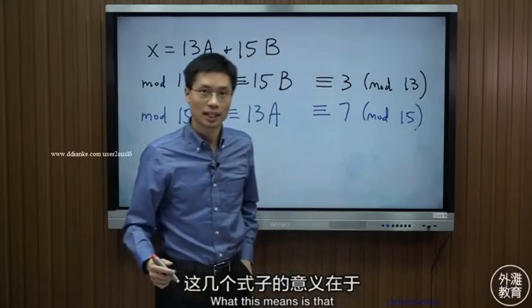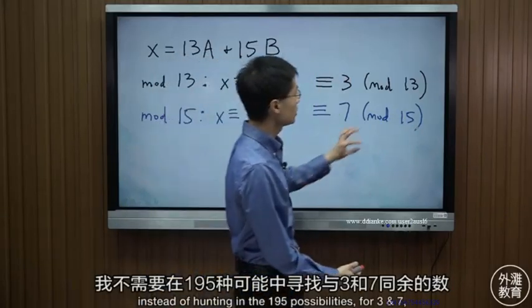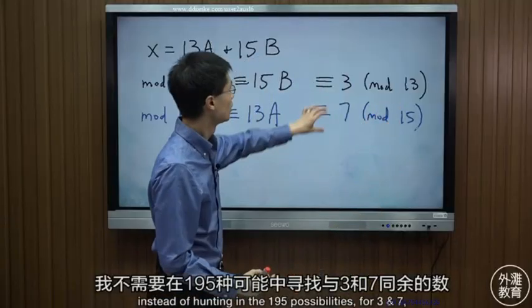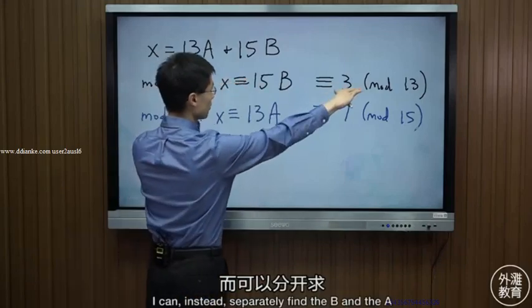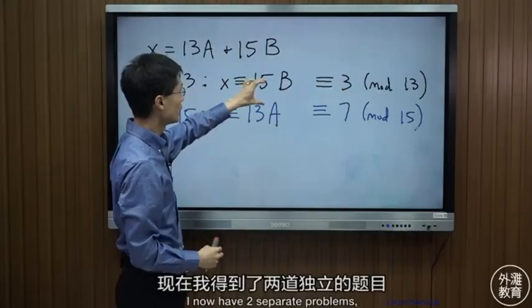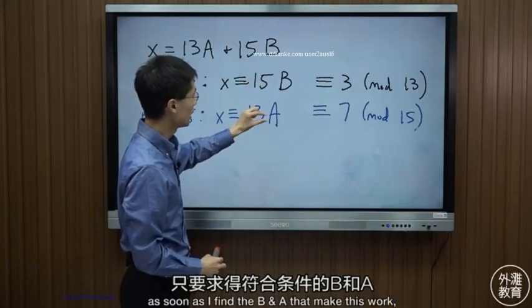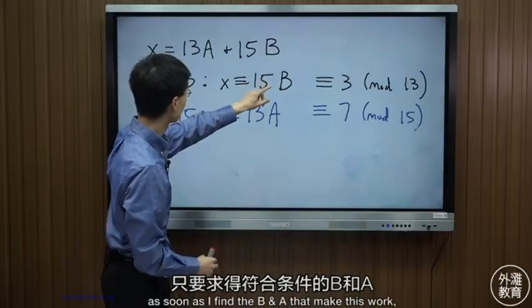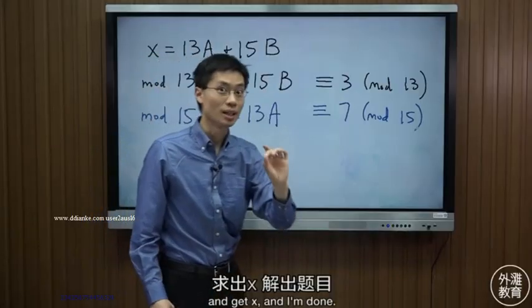What this means is that instead of hunting through all of the 195 possibilities for 3 and 7, I can instead separately find the b and the a that make this work. I now have two separate problems. As soon as I find the b and the a, I can join them together like this and get x, and I'm done.